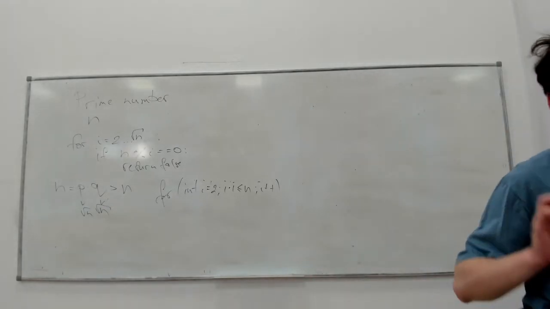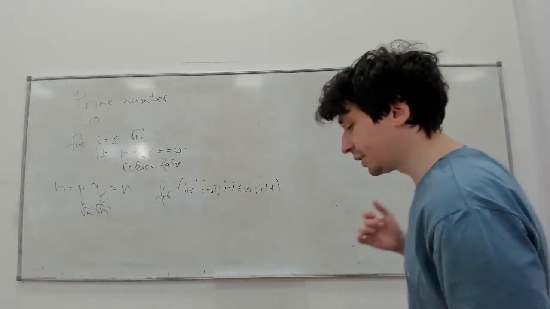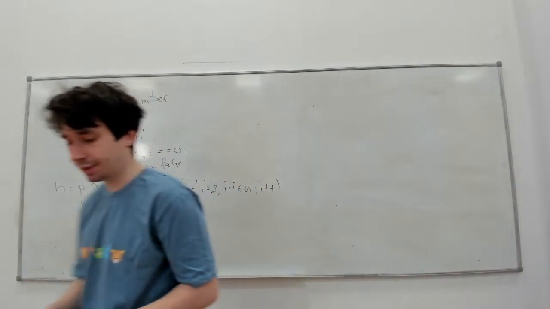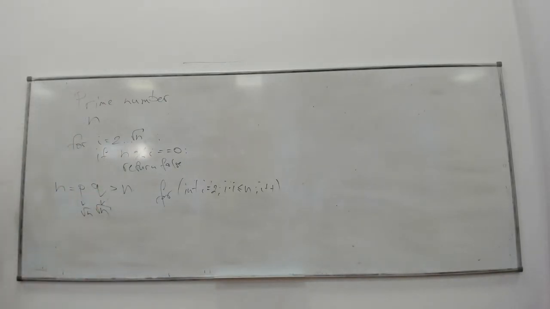Okay. An interesting additional question here. You want to find all the divisors of n. Right now we just check that this is a prime number, so it doesn't divide by anything. But can we check in a similar manner how we can find all the divisors of n?